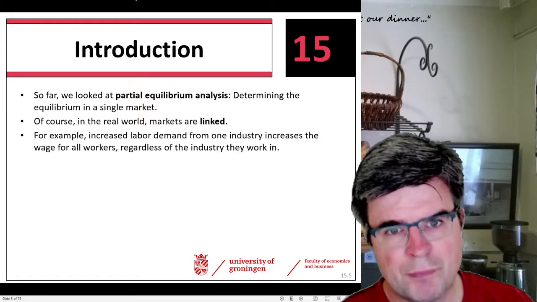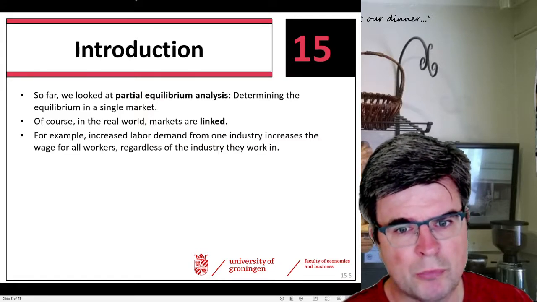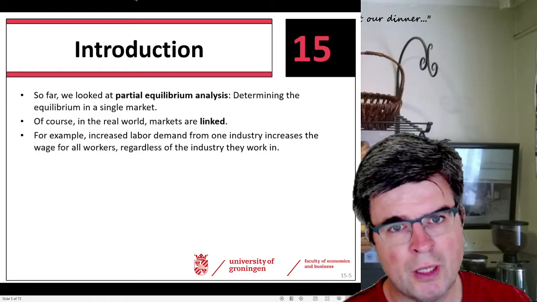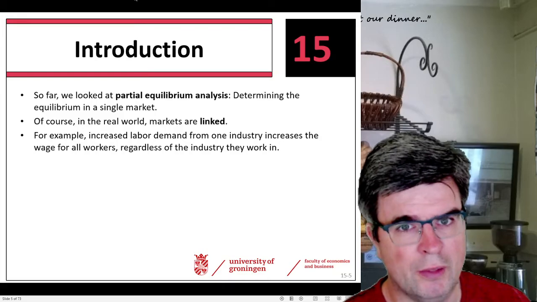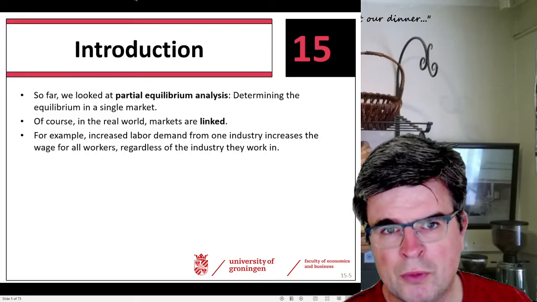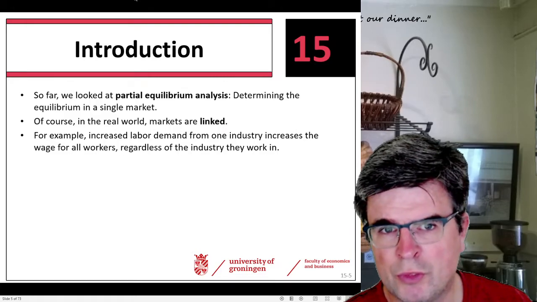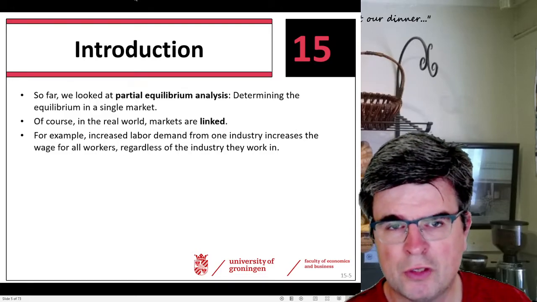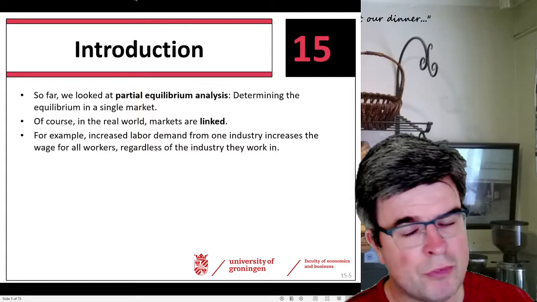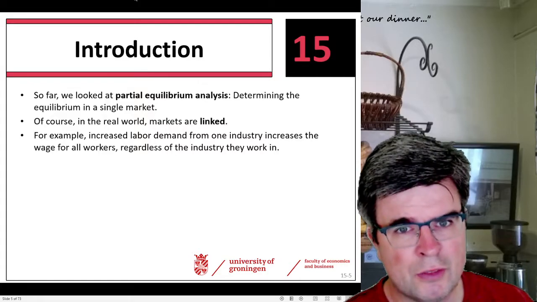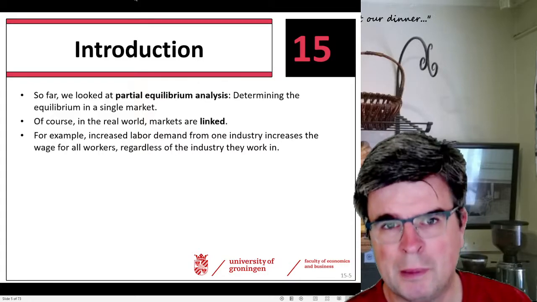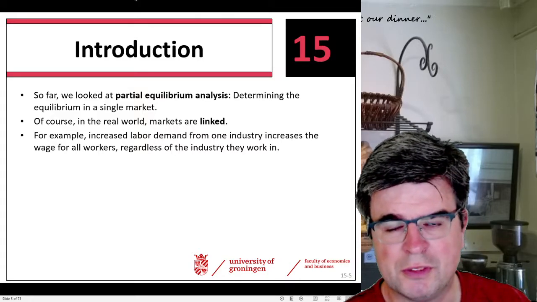For example, if there's an increased labor demand from one industry, then it will increase the wage for all workers, regardless of the industry that they work in. So, as an example, at the moment, the government needs a lot of people for the vaccinations, so they hire a lot of people. But now the pubs have reopened and there's a shortage of personnel for staffing the pubs and to supply people with the drinks on the terraces.